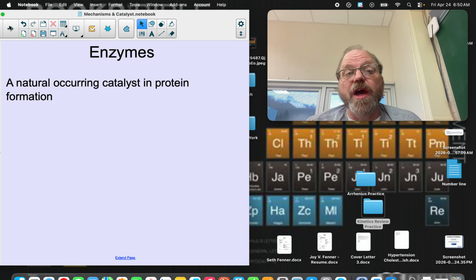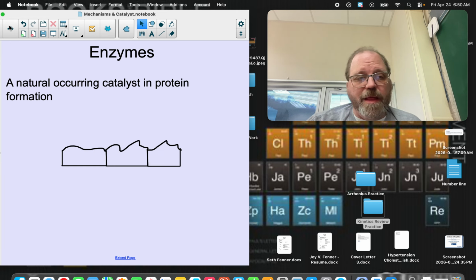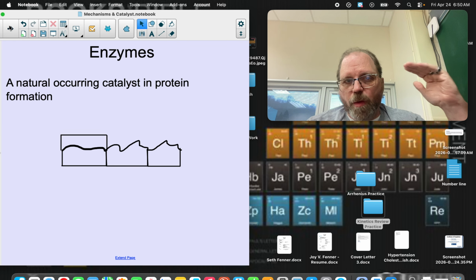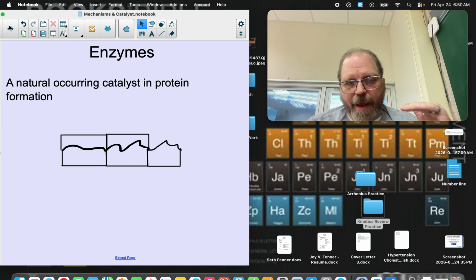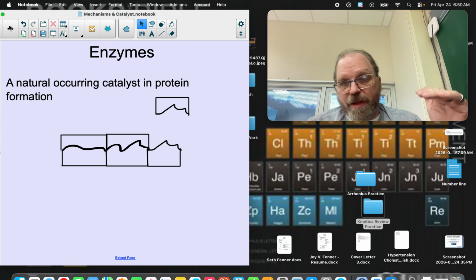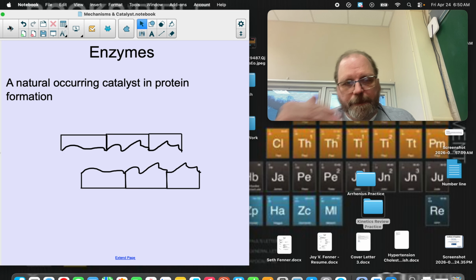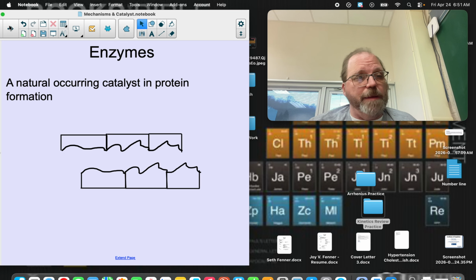It's a naturally occurring catalyst in protein formation. So there's my enzyme. Amino acids come along and combine with that enzyme, and we get 2 and get 3. We can actually have hundreds, if not thousands. Once they all form up, the enzyme peels off and we have the completed protein.